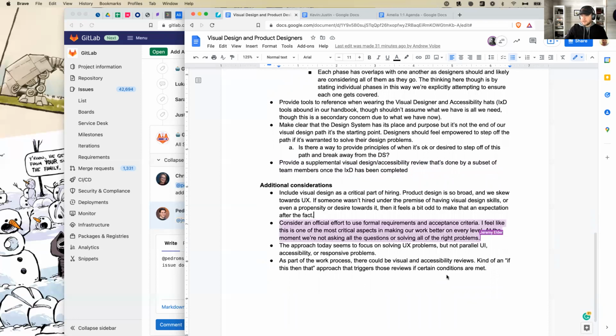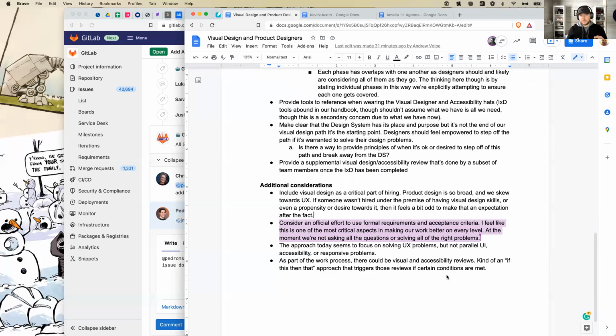The second is to consider a more official effort to use formal requirements and acceptance criteria. I feel like in my own work and here, this is one of the most critical aspects in making something better at every level.